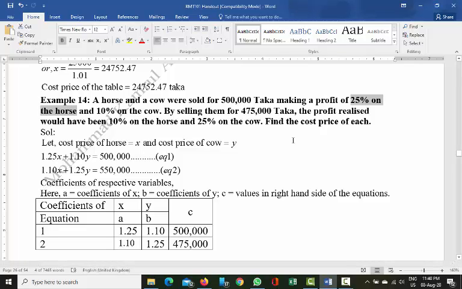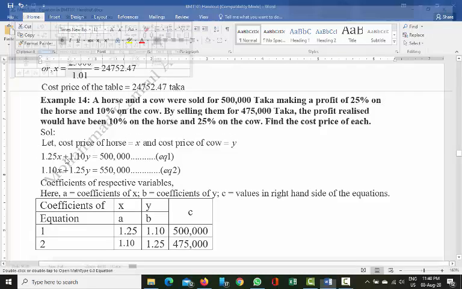So with the profit, the price will become 1.25. That means the price of the horse is 1.25 times X, where the cost price of the horse is X taka. So let me write it this way.